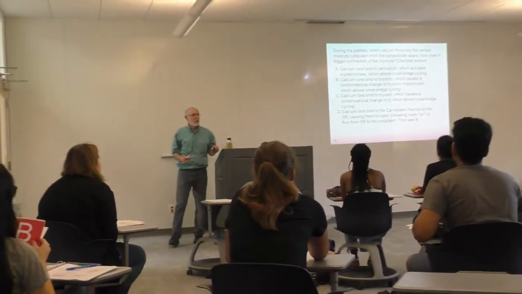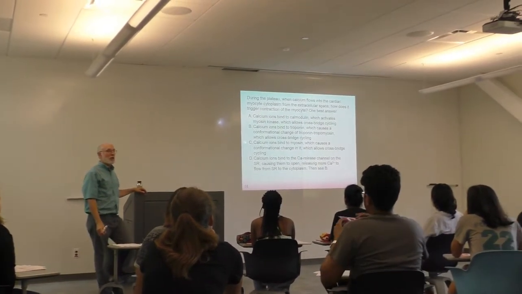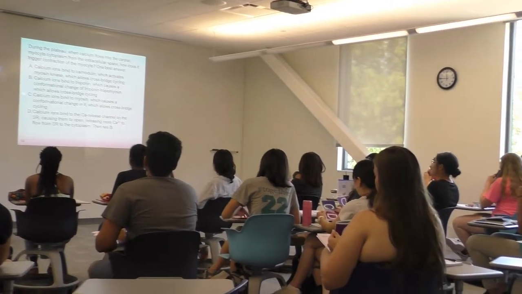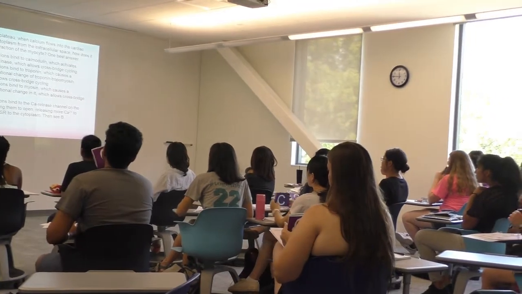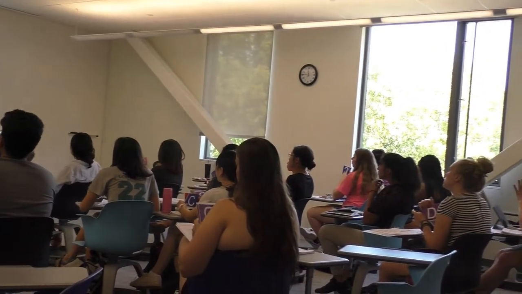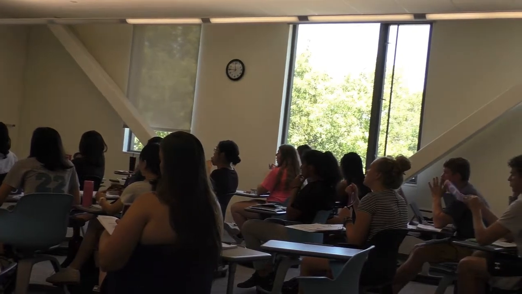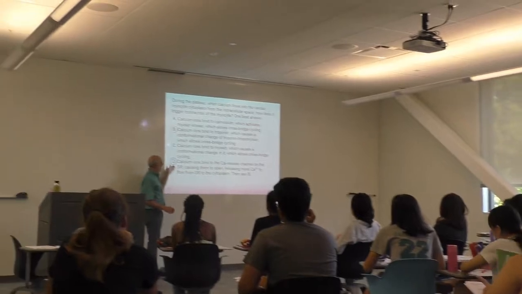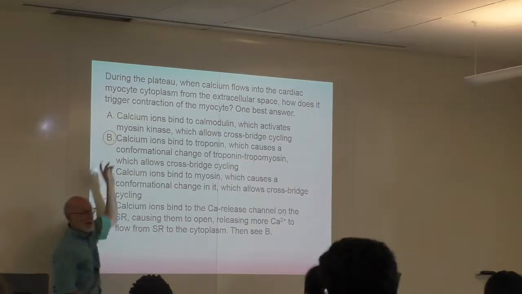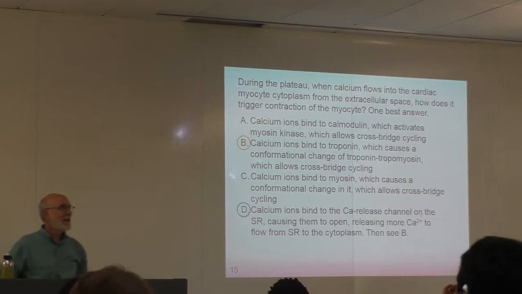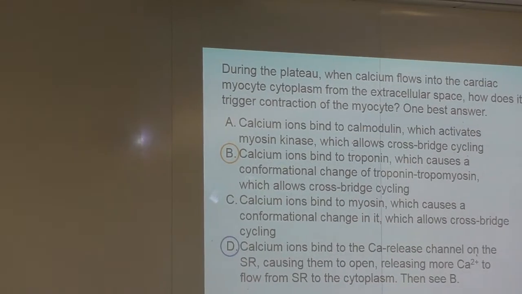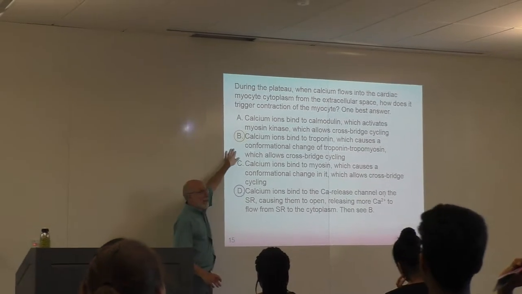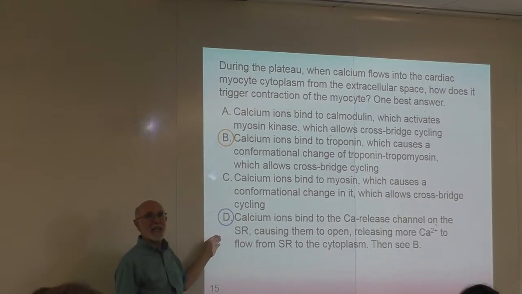There's one best answer, but there's two correct answers. The best answer is D, because D says then go to B. B is a true statement, but B by itself isn't as correct as D by itself.